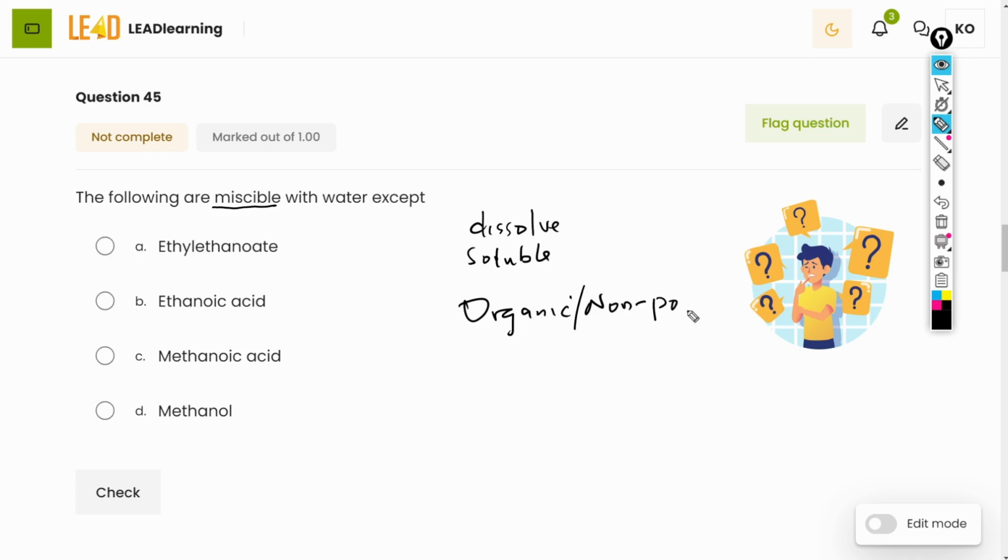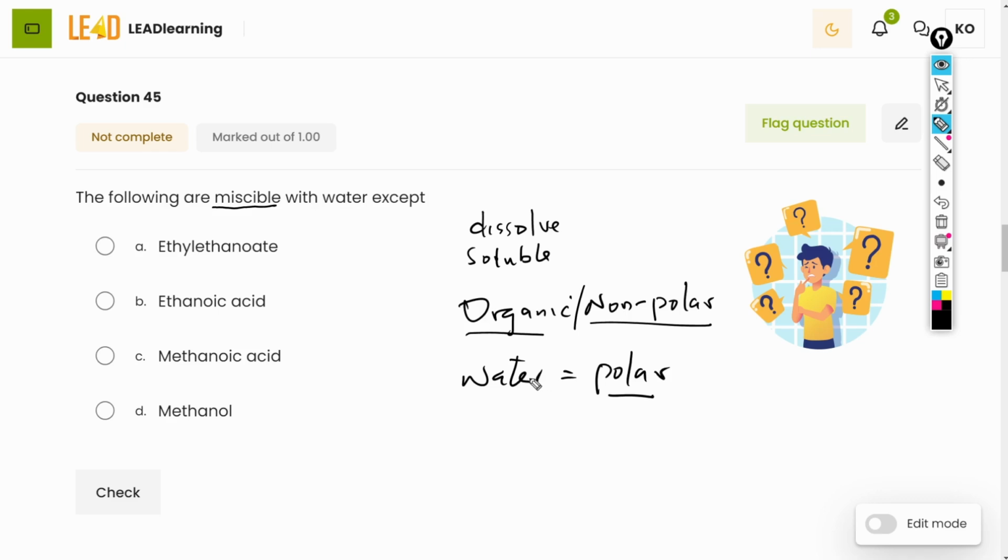Organic compounds usually are insoluble in water because water is polar. So for anything to dissolve in water, it also needs to be polar. But these compounds here, because they are organic, they are non-polar. So typically, they should not dissolve in water.